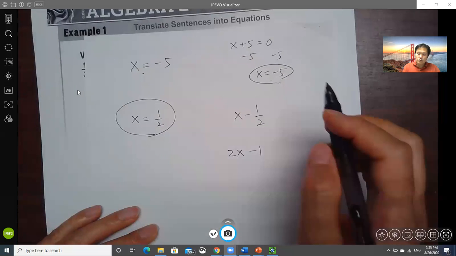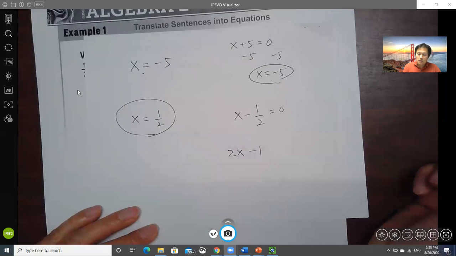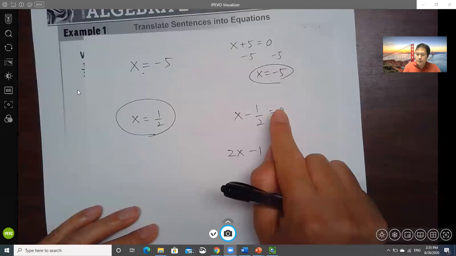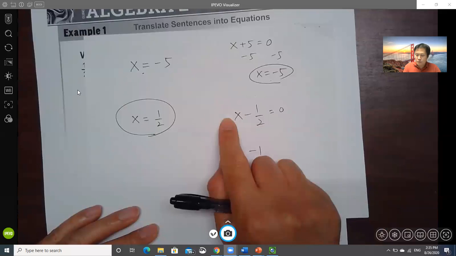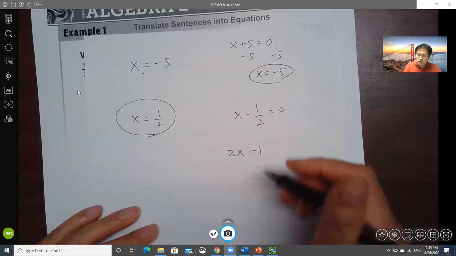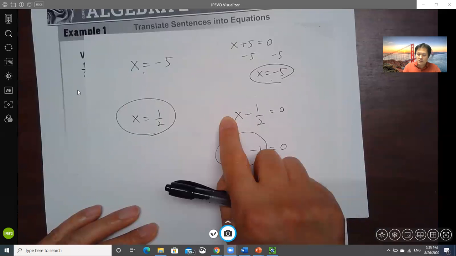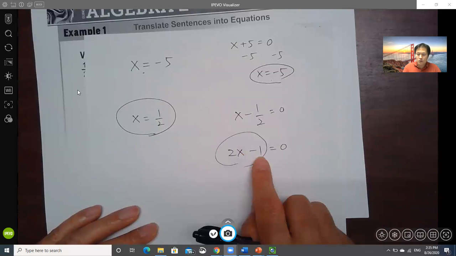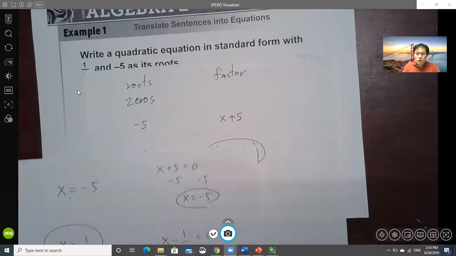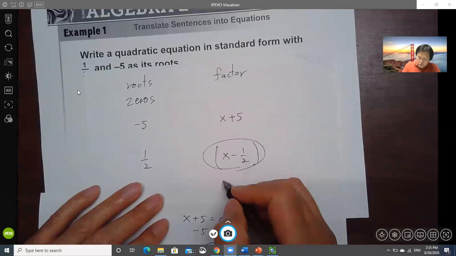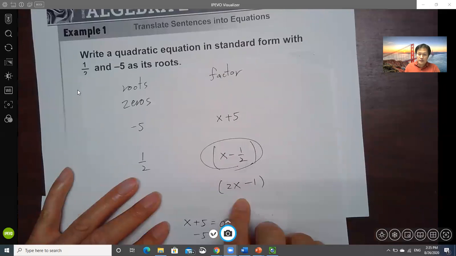So you might say, how did you get that? Well, you can let that equal to 0. Multiply by 2 everywhere. I don't want fractions. So if you multiply by 2, you get that equal to 0, and that's how I get this. So 2x, 2 times this, 2 cancels out, you get minus 1. 0 times 2 is still 0. So this is a good factor, but I prefer you writing 2x minus 1 here instead.